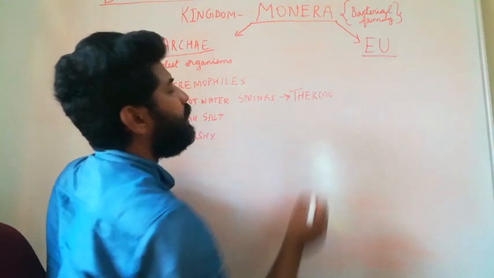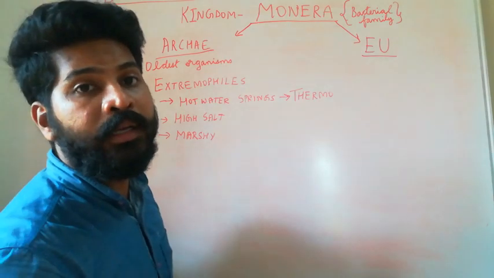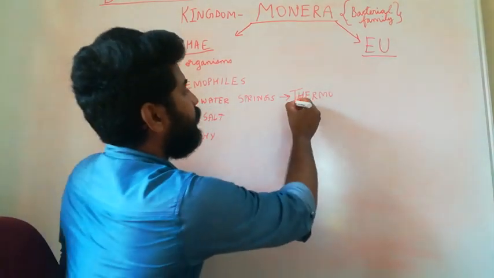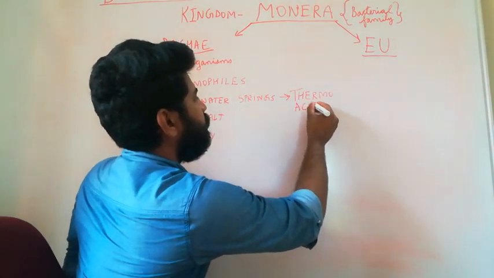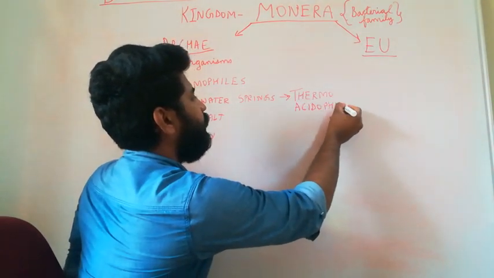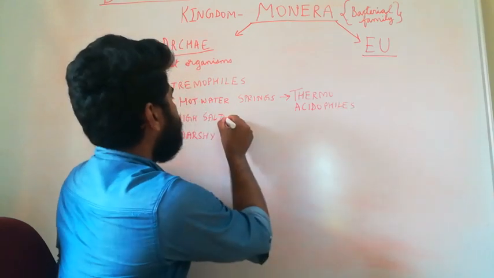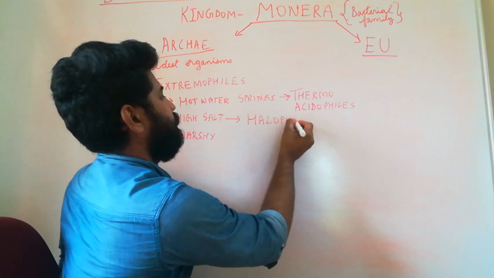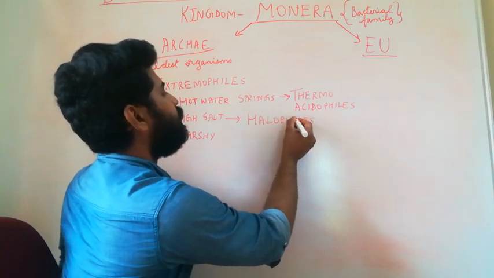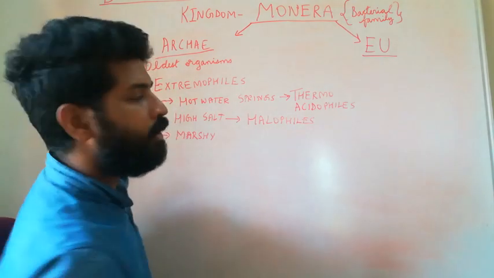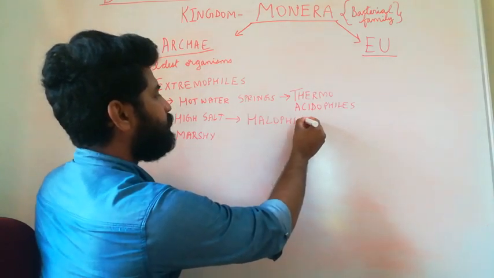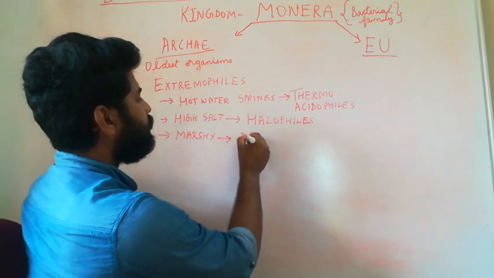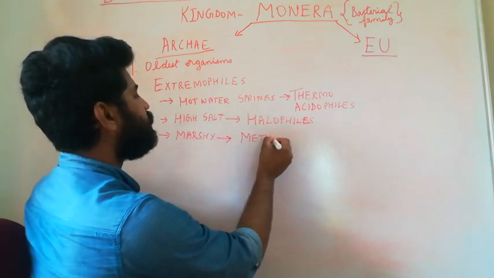They survive in temperatures more than 100 degrees Celsius, high temperature, and acidophiles, that is in highly acidic conditions. These are called halophiles. In salt concentration more than 30-40%, these bacteria can survive, and in marshy areas, these are the methanogens.